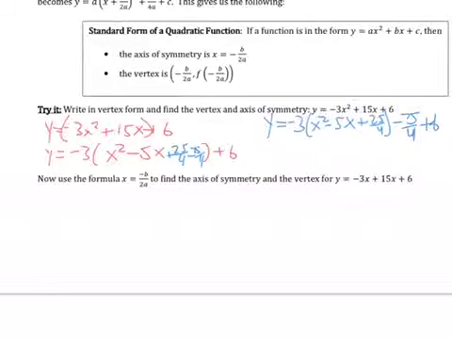The good news is that the inside is now a perfect square because we forced it to be. It's going to be x minus half of that middle term, 5 halves, squared. We're going to add these here. 6 is just 24 fourths, so negative 75 plus 24 is going to give us negative 51 fourths. So, there you have it.